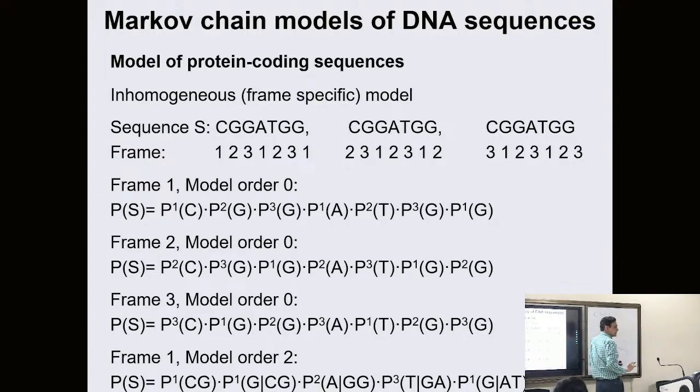Markov chain model of order 2, so basically we are considering triplets of nucleotides, two previous bases and the next base, right? I am going to consider all oligonucleotides of length 3, and this we already know: 1, 2, 3, 1, 2, 3, 1.